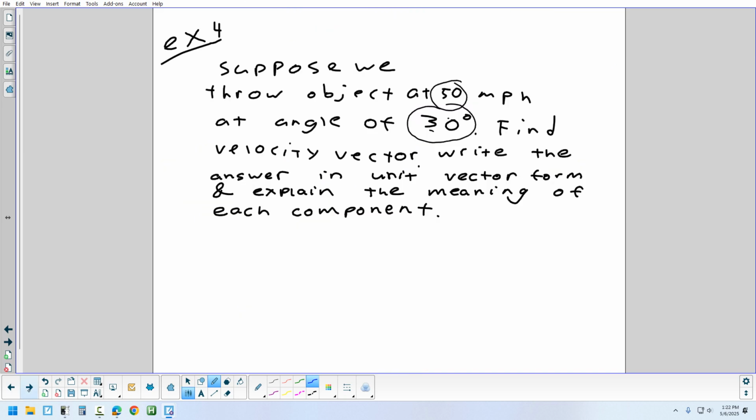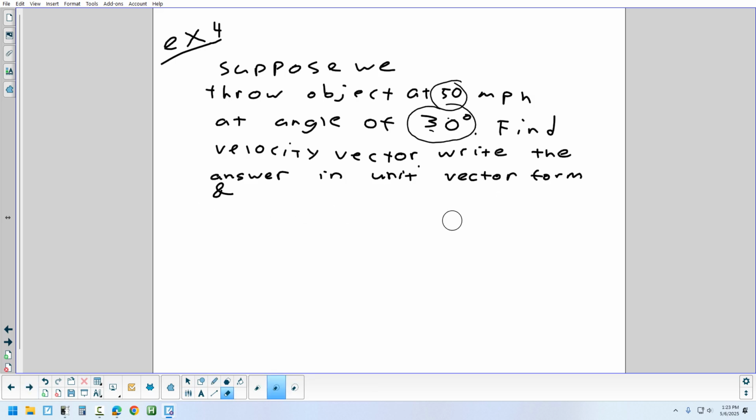Okay, so we've got an object traveling at an angle of 30 degrees. So it's not horizontal, it's not vertical, it's in between the two. And it's being thrown at 50 miles per hour. What's the formula for the horizontal component?